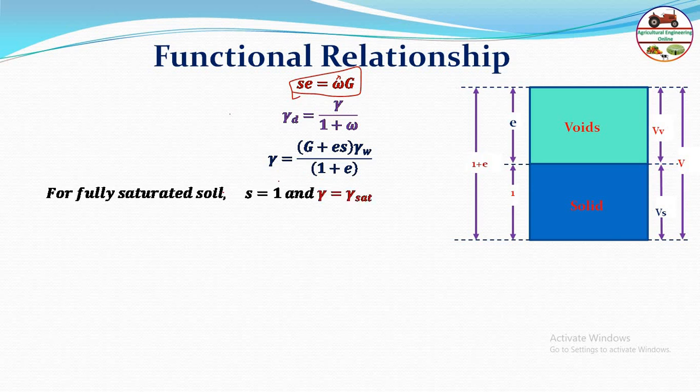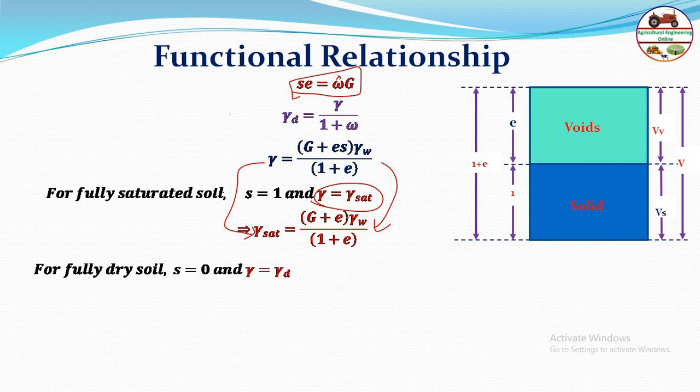For fully saturated soil, the degree of saturation is 1, and the bulk unit weight will be equal to saturated unit weight, which can be calculated from this formula: G plus E, where G is the specific gravity, into unit weight of water divided by 1 plus E. So when S is equal to 1, then gamma is gamma saturated.